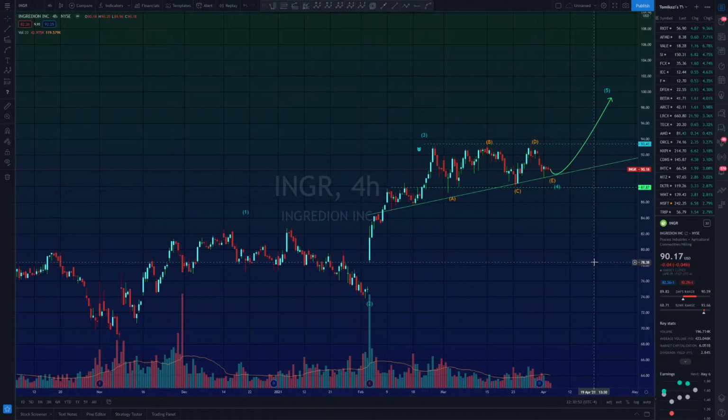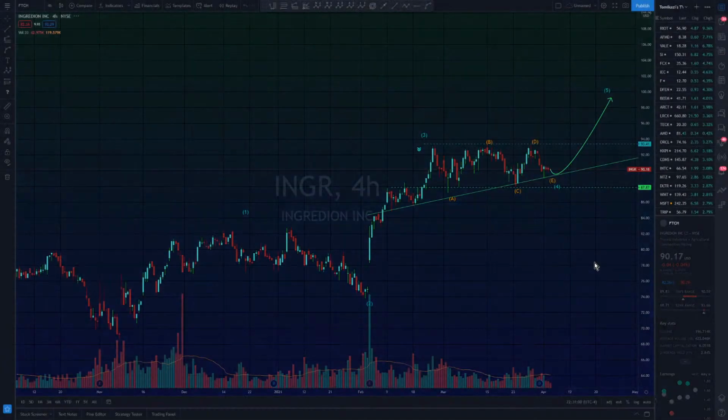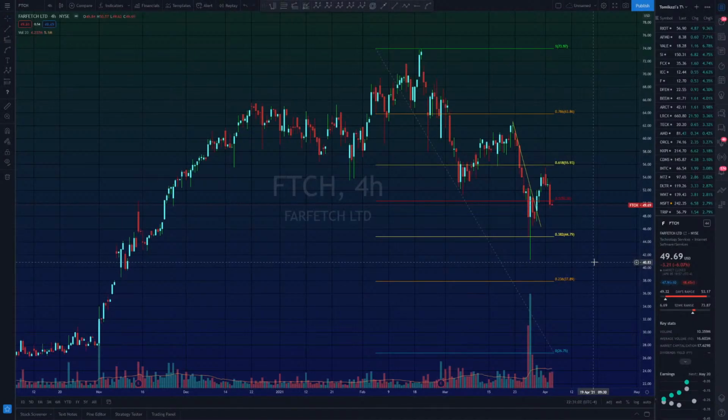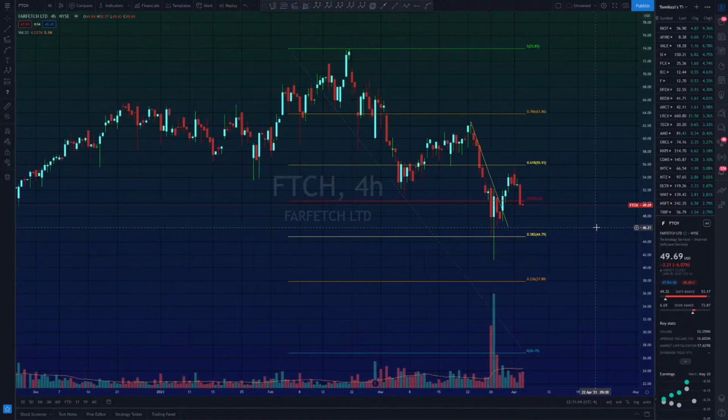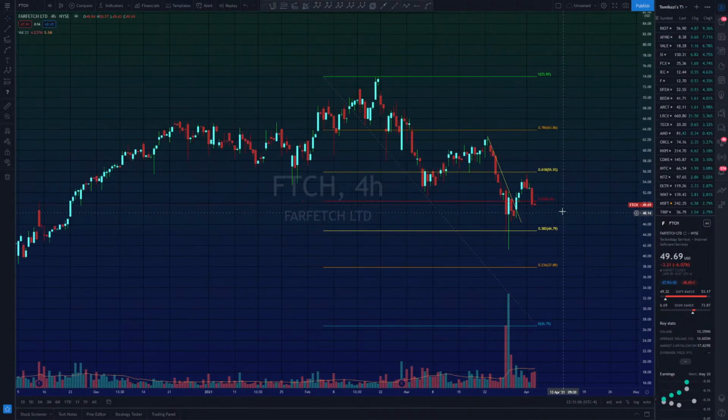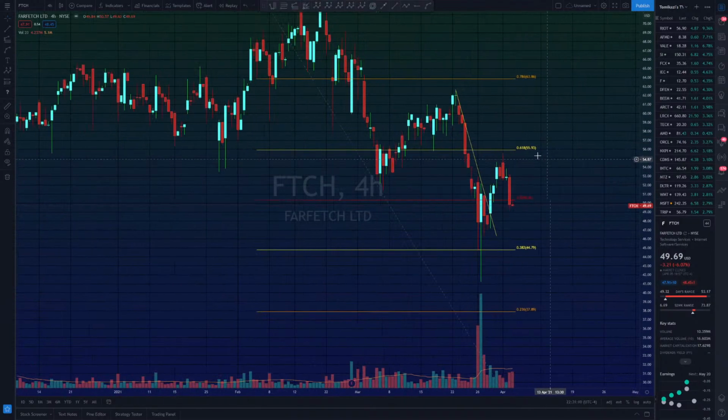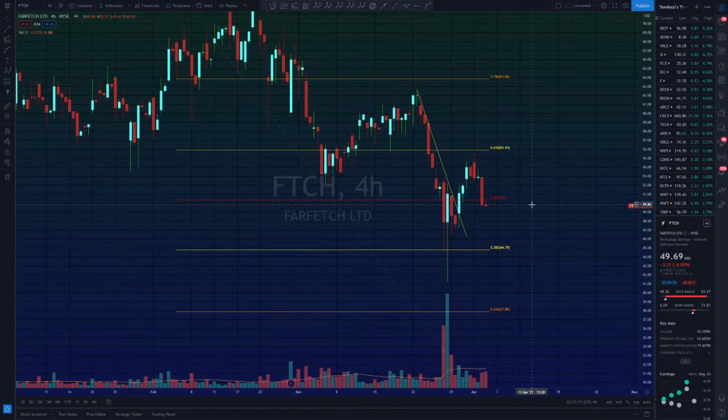For tech, I think it's pretty bullish overall. Fetch looks pretty bearish. It depends on whether this is a reversal hammer or not, so it doesn't look great though. I think Fetch could, it's got this wick down to 41.